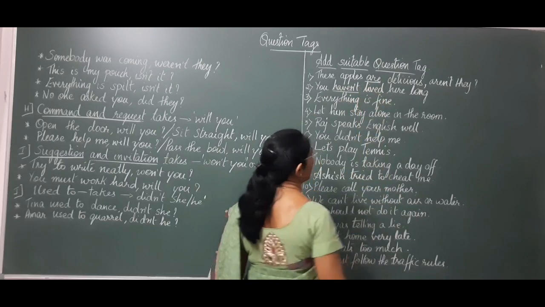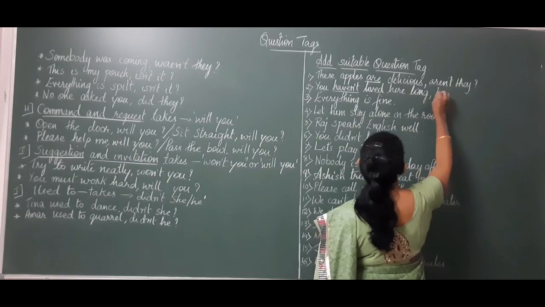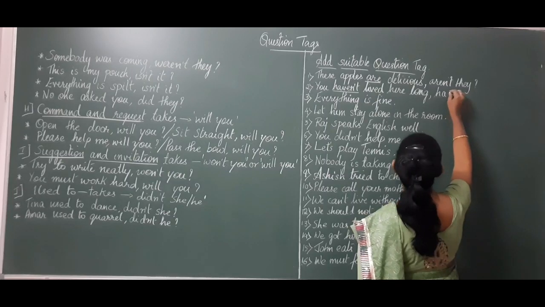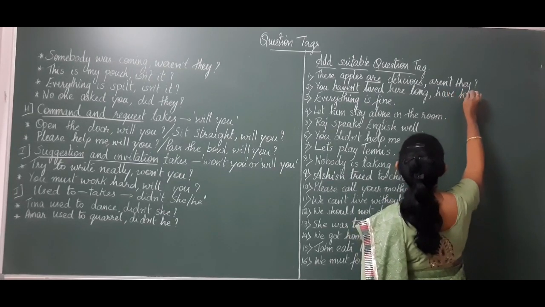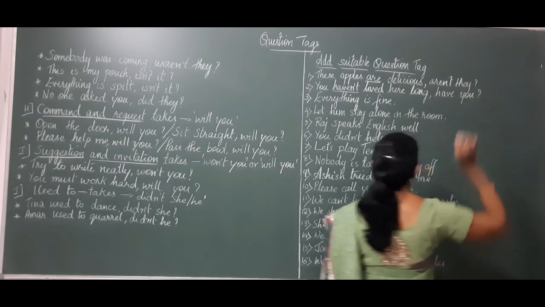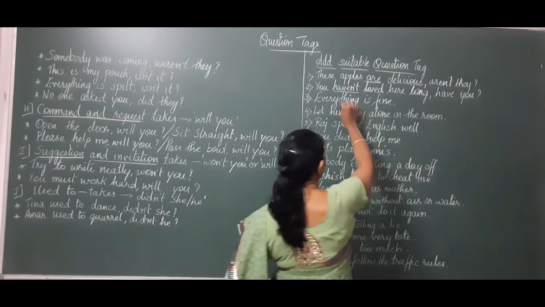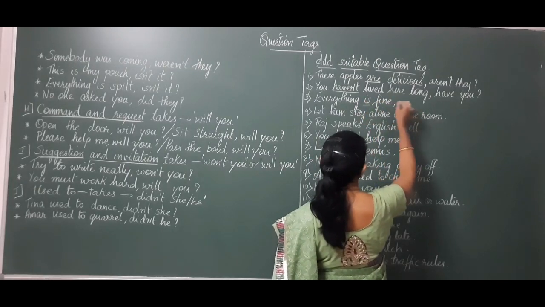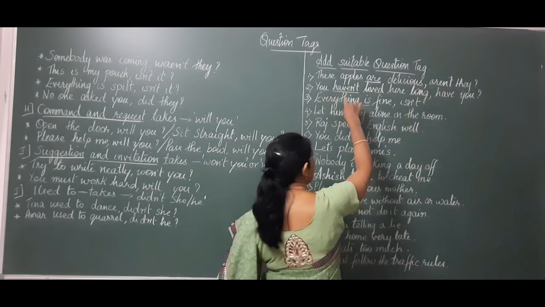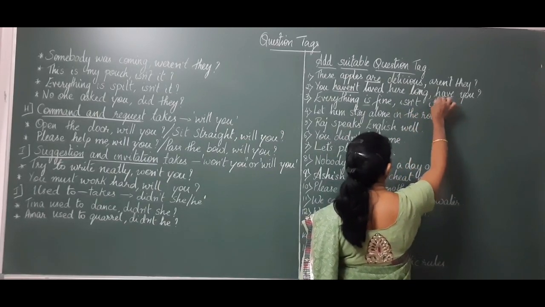The auxiliary is in a negative form, so we take the positive tag: have you? Everything is fine. Is is in a positive form, so we use isn't in a negative form, and the subject everything takes it in the question tag.